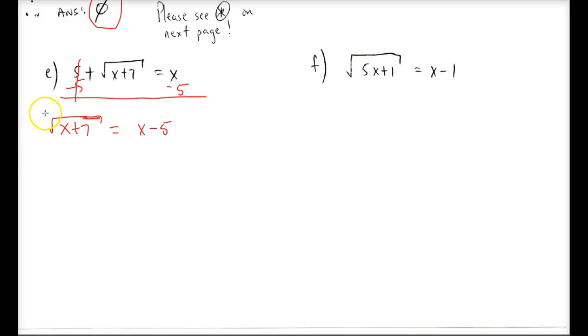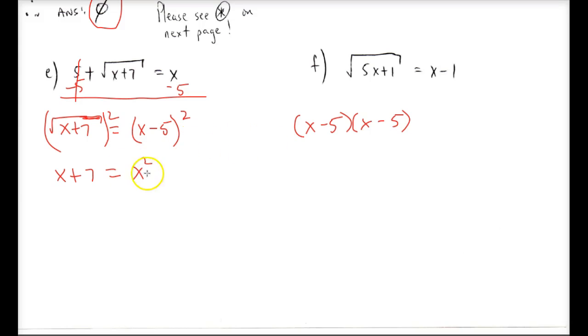And of course, here we will square both sides. And on the left side, that will just leave us with x plus 7. On the right side, if we were to FOIL this out, this is the same as saying x minus 5 times x minus 5. So if we multiply that out, we would get x squared minus 5x minus 5x plus 25, okay?